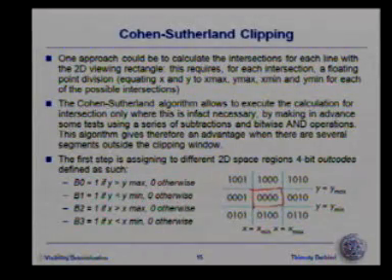Being to the right is the third bit over here. And being to the bottom is the second bit. Okay? And the intermediate positions are mixed. So since this is to the bottom and to the left, it has the second and the fourth.